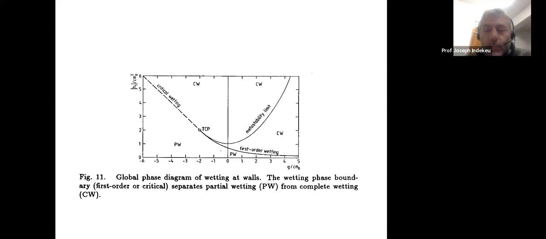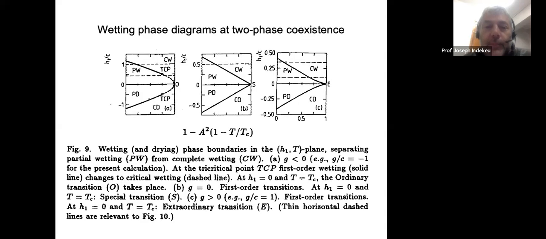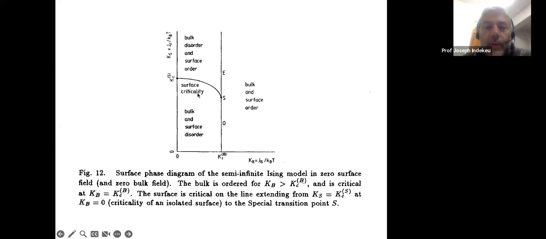So I'm about to conclude this theoretical consideration of wetting phase diagrams, but first I want to explain a little bit better these points at bulk criticality, O, S, and E, and maybe some others. And for this, I'm going to a phase diagram which is borrowed from the semi-infinite Ising model in zero surface field and zero bulk field.